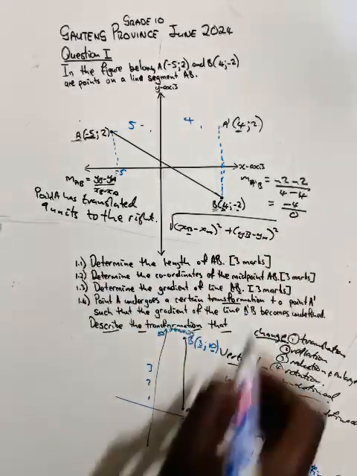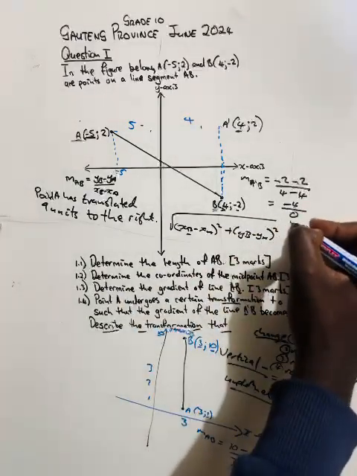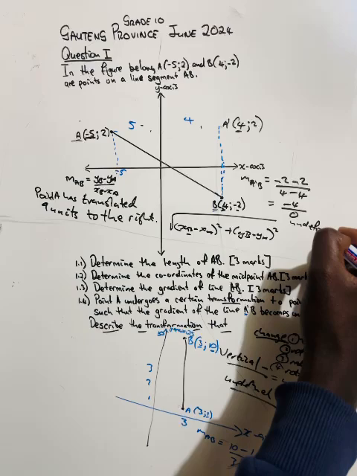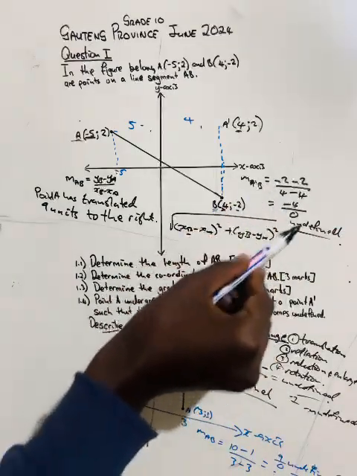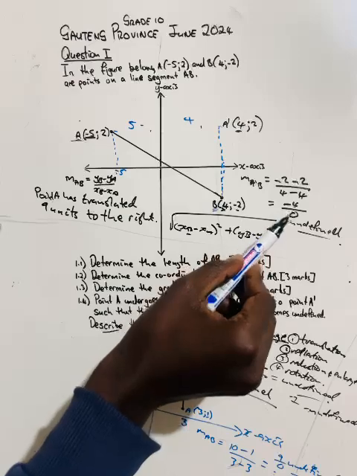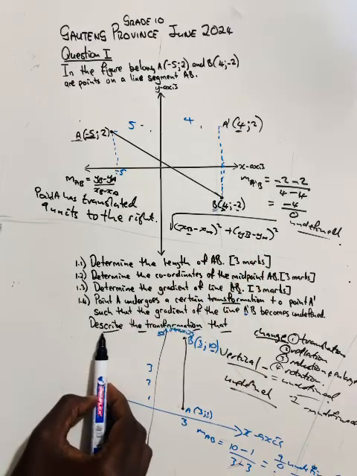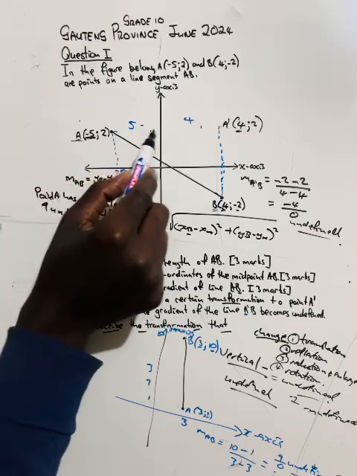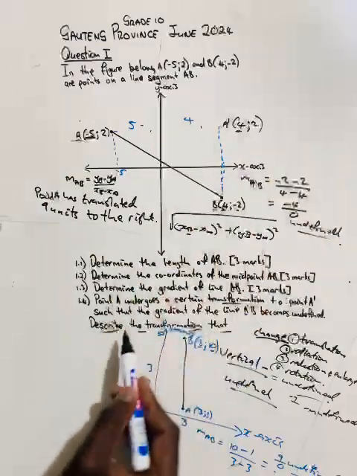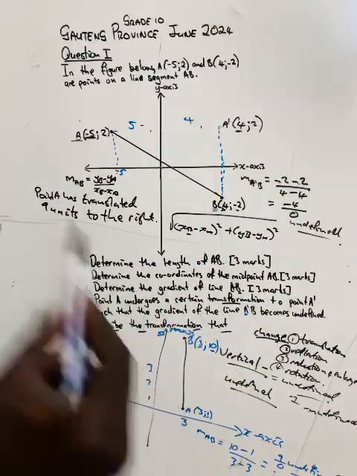Then I would have undefined. If you put this into your calculator, it would be undefined. But they were not asking me to prove using the gradient formula. They wanted me to describe the transformation. So the transformation is that this A moved 9 units to the right. That is what they were asking.